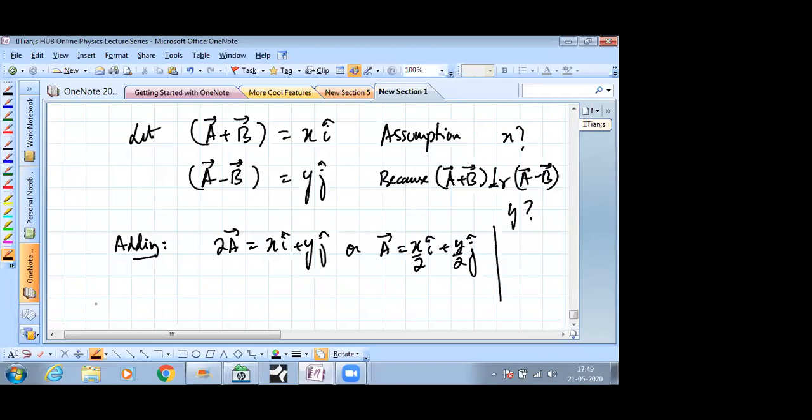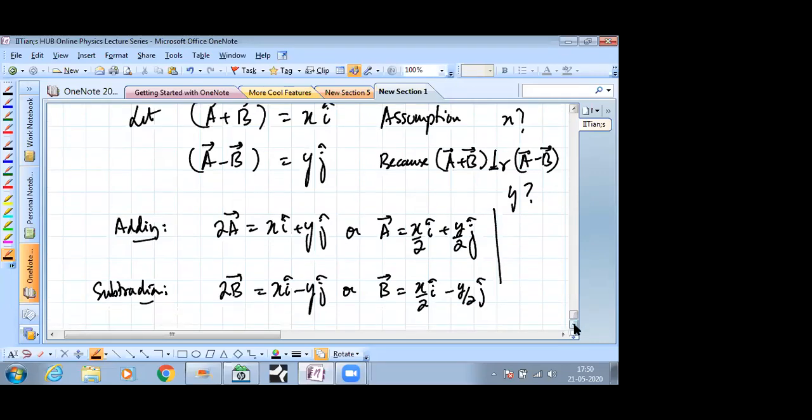And subtracting the two equations that I have written, I'll get A plus B minus of A minus B, so I'll get 2B. On the other side, I'll get x i cap minus of y j cap, or the vector B is x by 2 i cap minus y by 2 j cap.